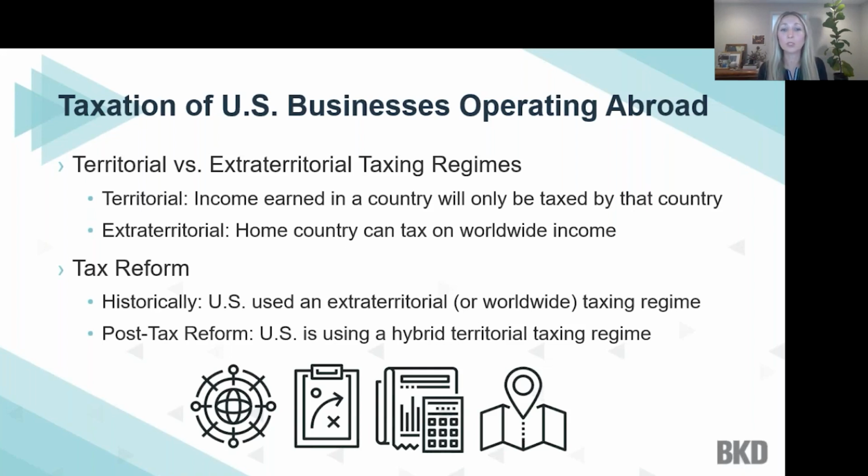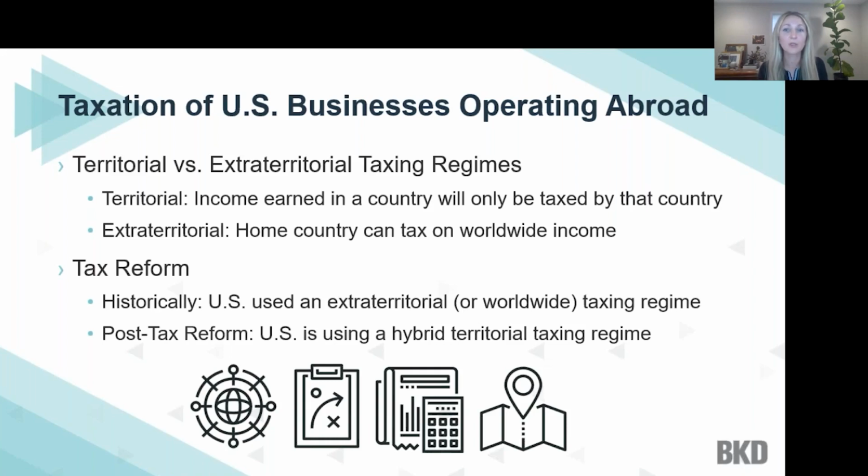However, worldwide systems typically allow resident corporations to claim foreign tax credits for taxes paid in foreign jurisdictions in order to avoid double taxation. Worldwide systems also typically allow for the deferral of tax on profits earned by foreign corporations until those profits are repatriated to the domestic shareholder in the form of a dividend.